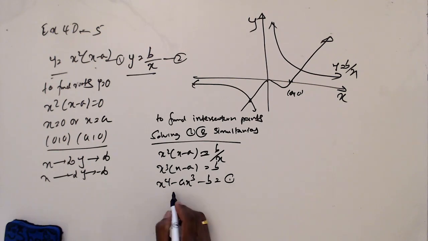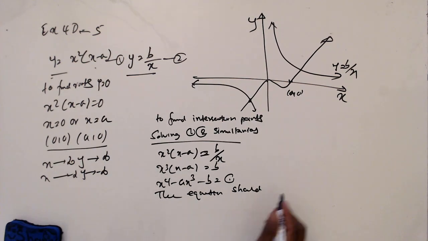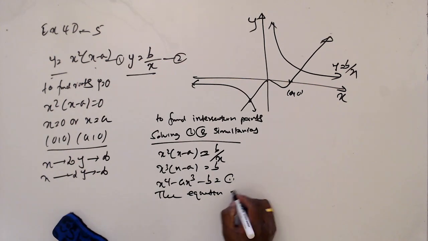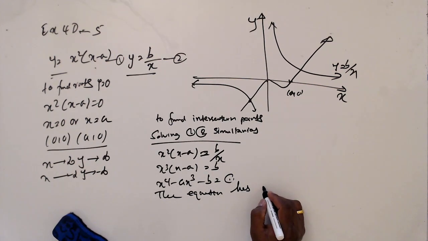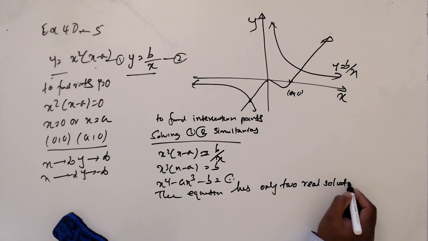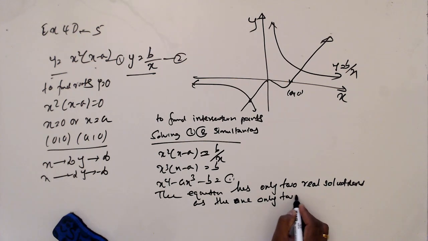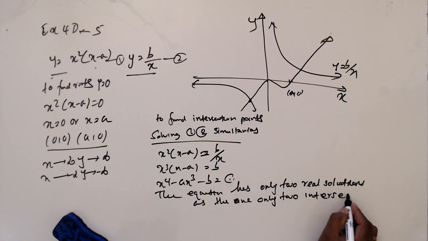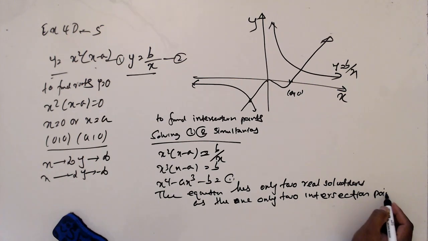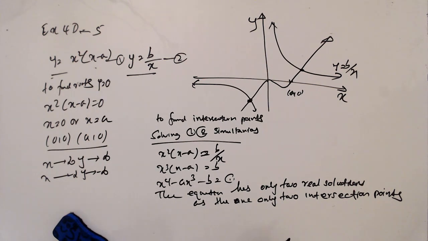So your answer should be the equation has only two real solutions, as there are only two intersection points. Hence, there are only two real roots. Others are imaginary roots.